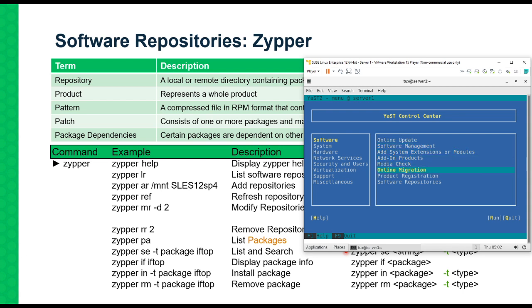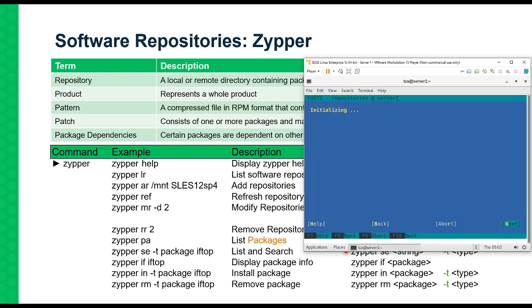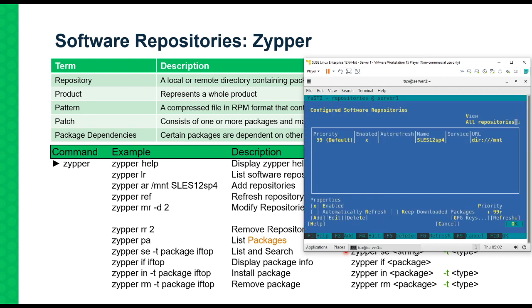At the very bottom, there's our software repositories should we would like to manage the software repositories that we have available. Let's go in there and see what we have, and we currently only have one software repository. Here you can add repositories using YAST as well, the same that we did with zypper.